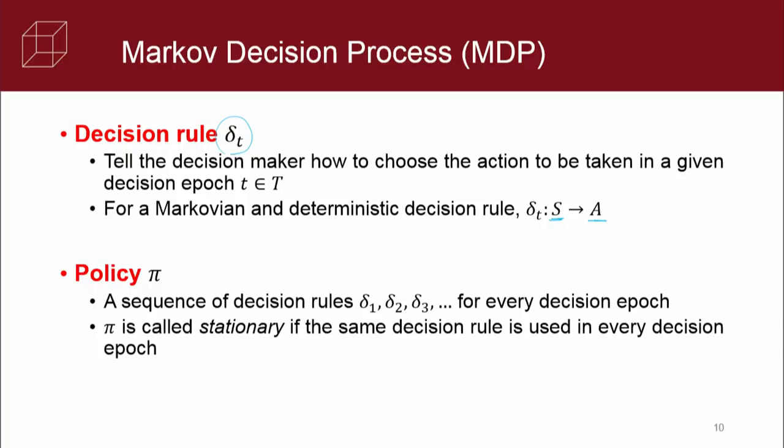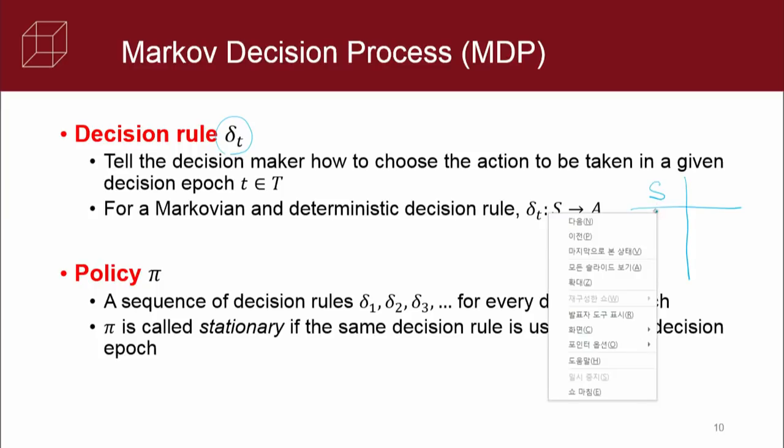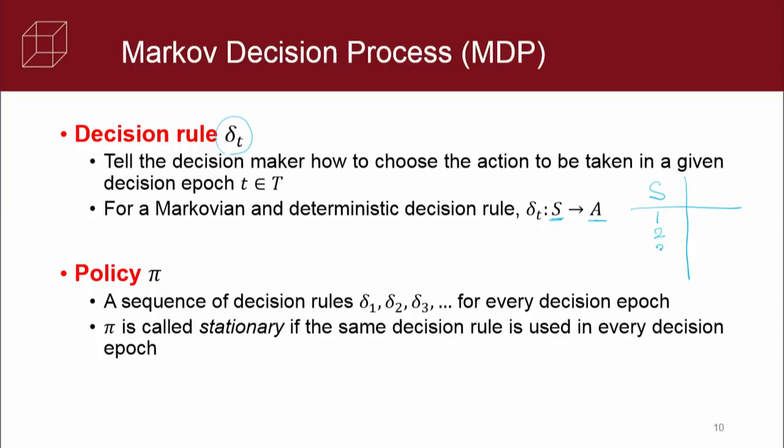So you can think of it like you have some kind of mapping table. In this part, you list all possible states, let's say 1, 2, 3, and so on. So these are the set of states, right? And in the mapping table, you also have the action to choose for each state.